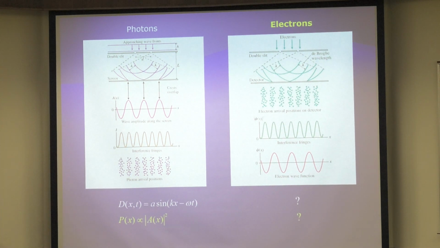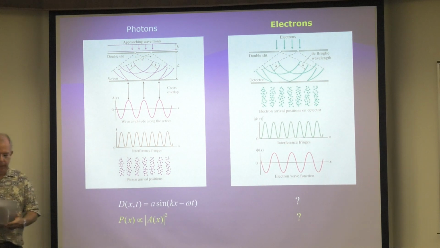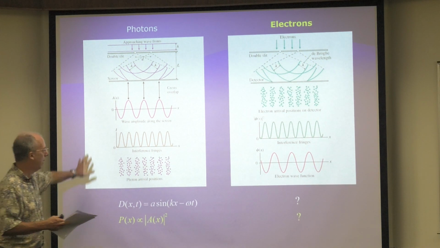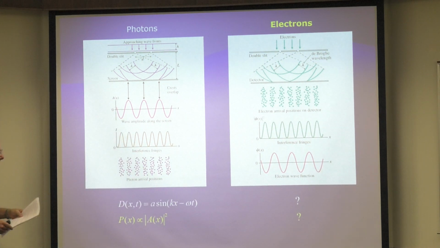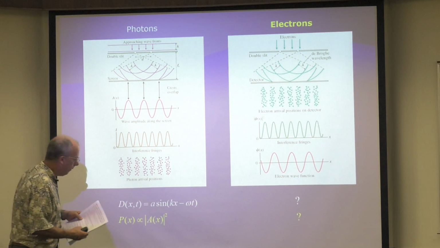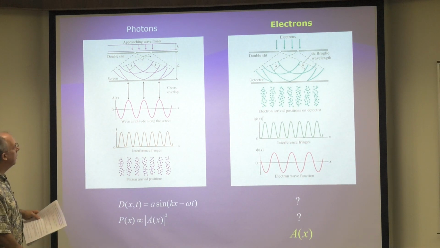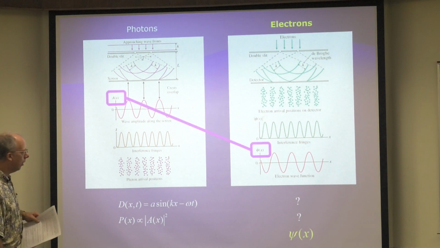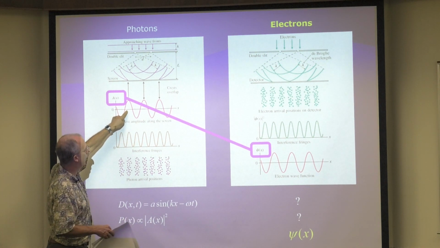Well, what the people did is they looked at what they did for light, and they did experiments, and they let the experiments and what they learned with light be the guide. So here's the amplitude of the photon wave.